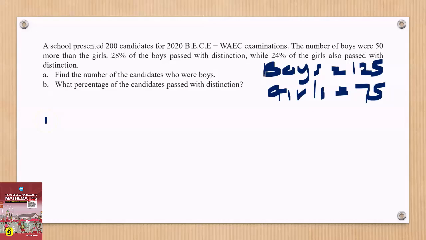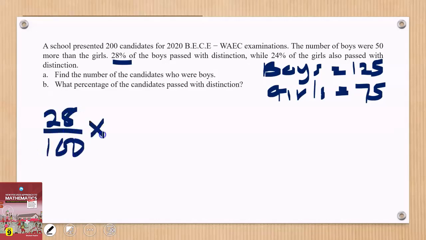Okay. Now, to answer the second part of the question, what percentage of the candidates passed with distinction? We saw from the question that 28% of the boys passed with distinction. So that is 28 over 100 times 125 on the part of the boys. When you do your simple cancellation and multiply, you end up getting 35 boys passing with distinction.